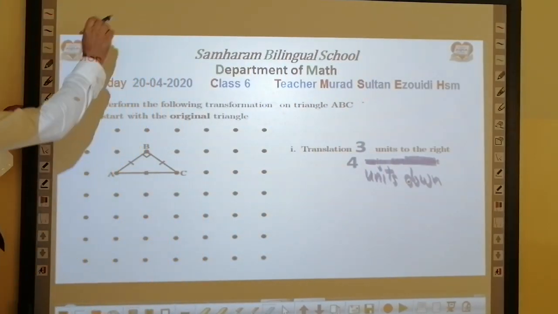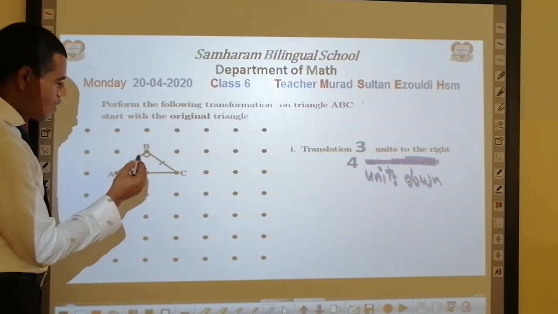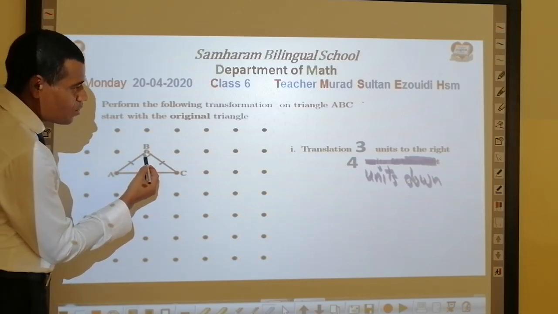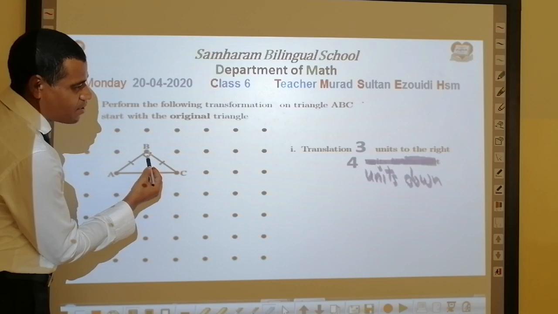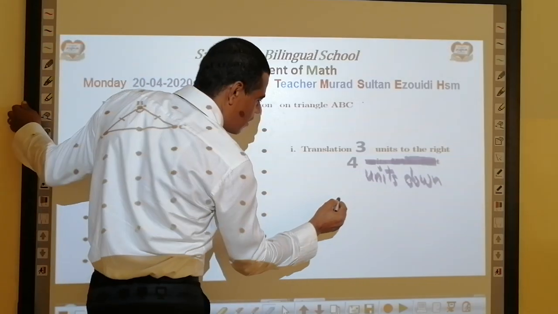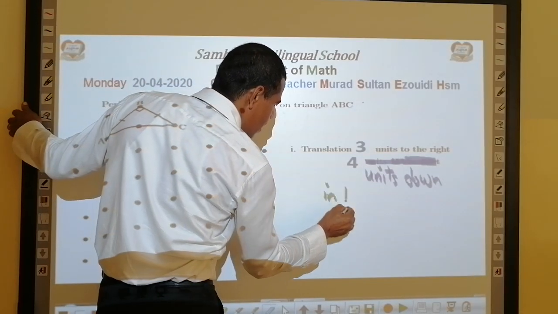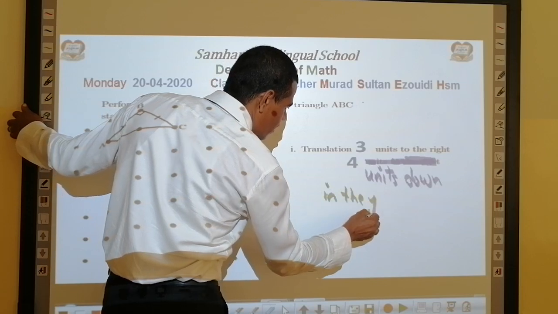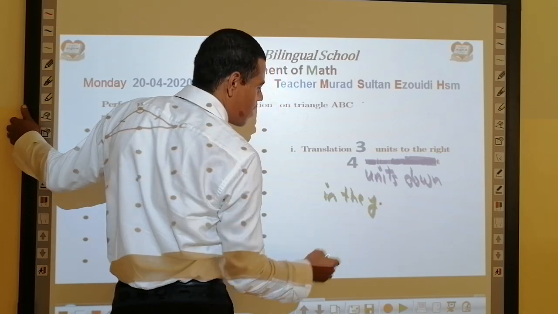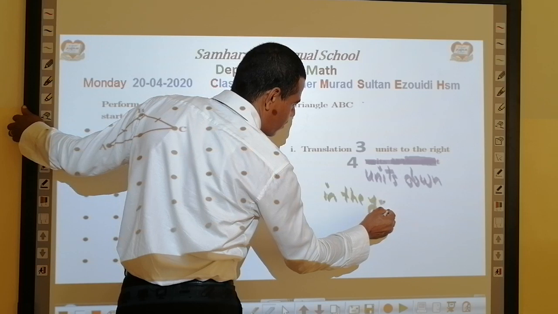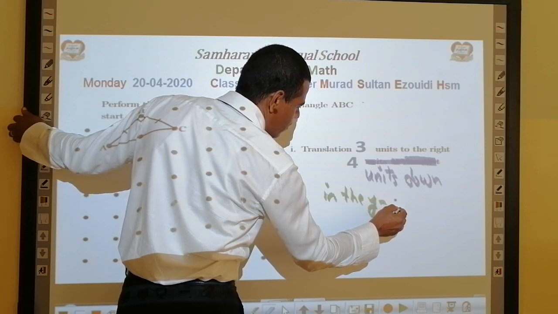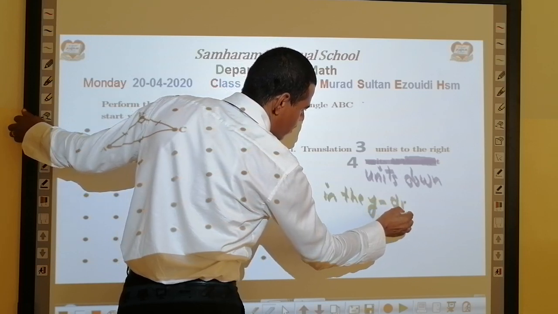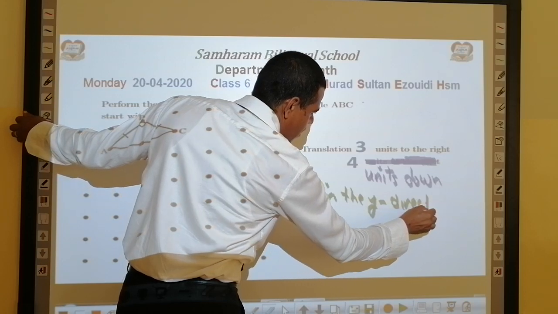I will start from this point. It will move how many units to the right in the x direction?